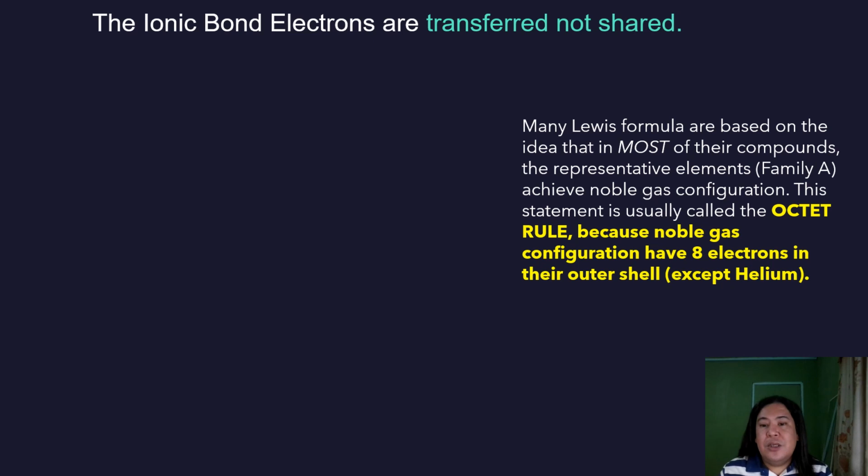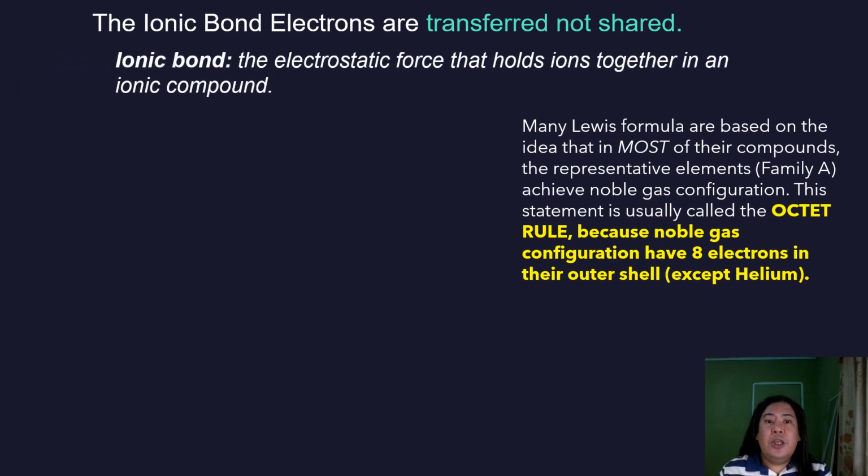And that rule is because the noble gas configuration has 8 valence electrons in their outer shell except helium. Okay? So ionic bond, the electrostatic force that holds ions together in an ionic compound. Pag sinabi nating electrostatic, the attraction between positive and negative charges. Ionic bond lang yung merong strong na electrostatic force of attraction. Yung iba kasi medyo weak na yung electrostatic.